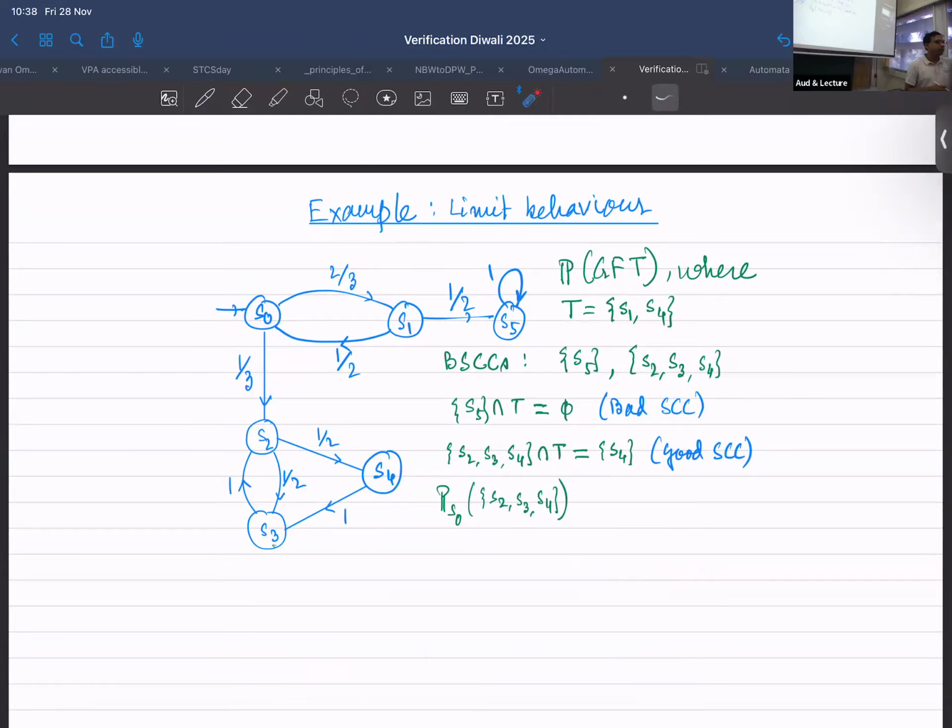So how do I compute this? Infinitely often S1, S4. How do I find this?